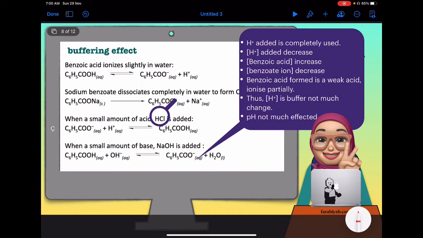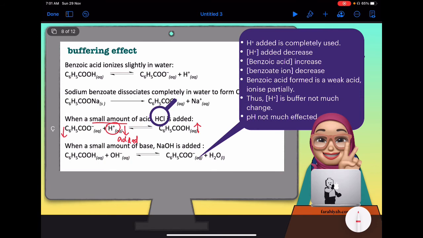For a detailed explanation, when a small amount of acid is added, the H plus added is completely used. Therefore, the concentration of H plus added decreases. The benzoic acid concentration will increase and the benzoate ion will decrease.